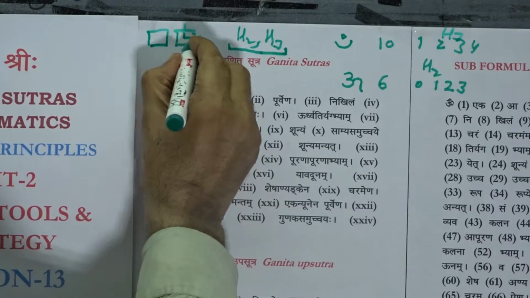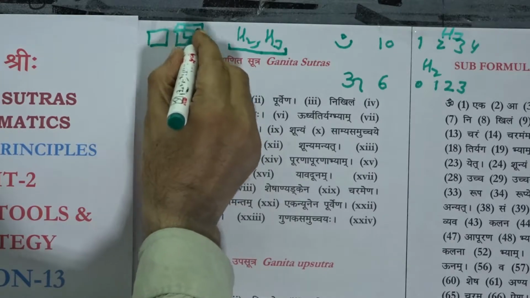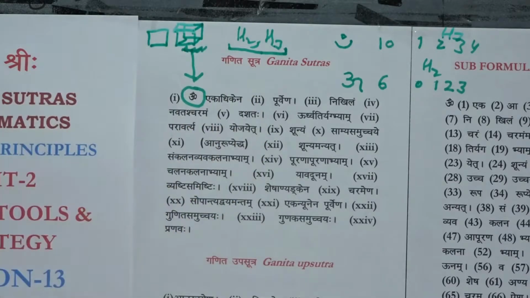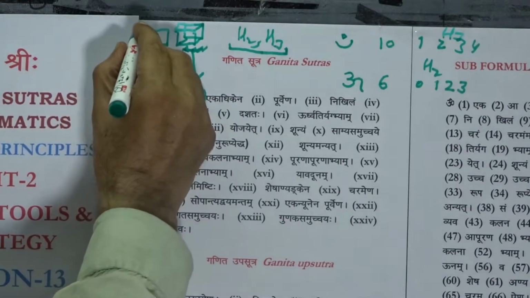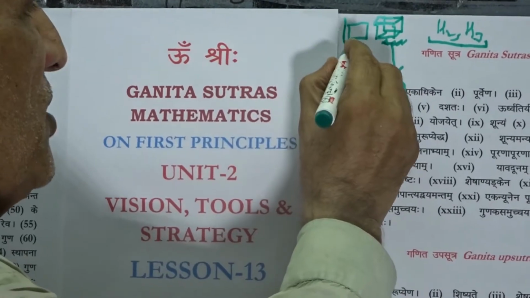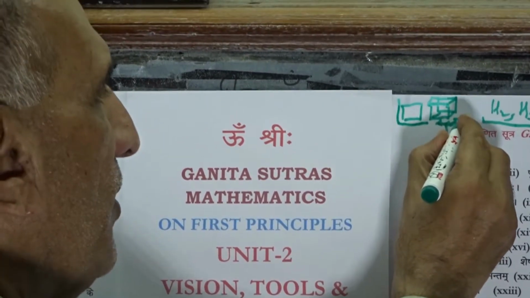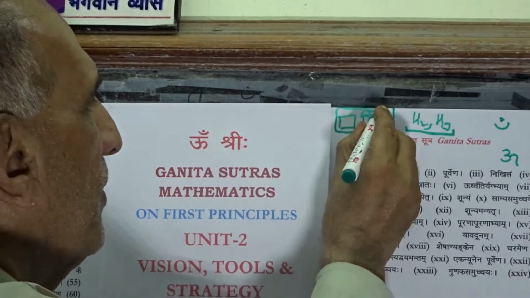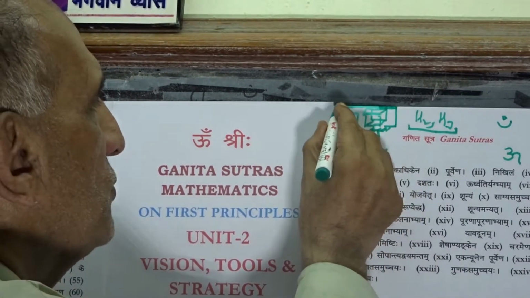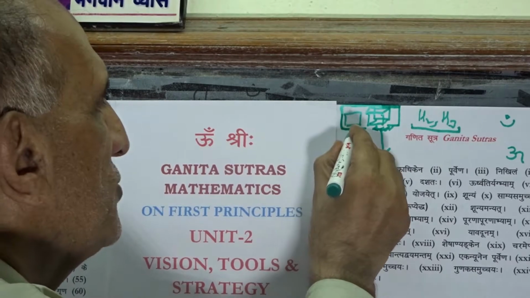As such, square and cube are both taken up simultaneously, and with it the initiation for the tools of Ganita Sutras mathematics starts flowing.